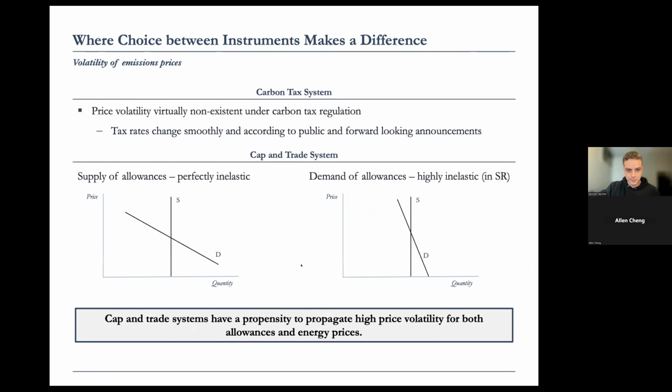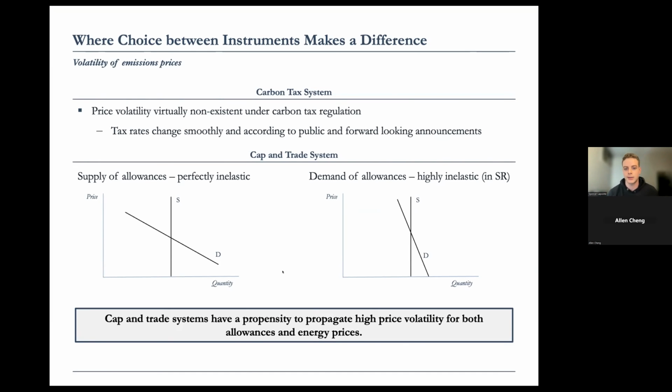regulate the most. In terms of volatility of emission prices, this is the next point of differentiation that the author looks at between the two systems. And the author finds that price volatility is virtually non-existent under carbon tax regulations. So this is an important point for implementation.